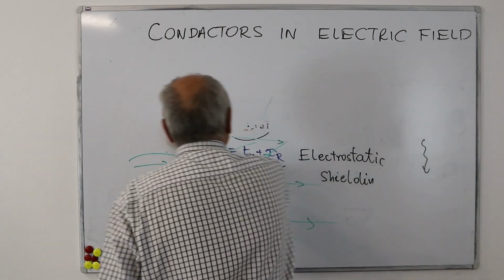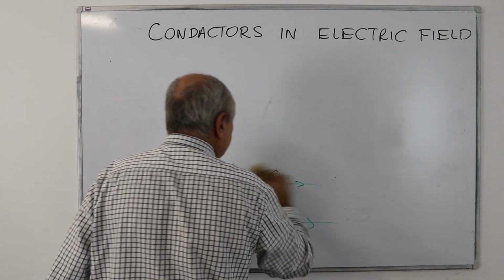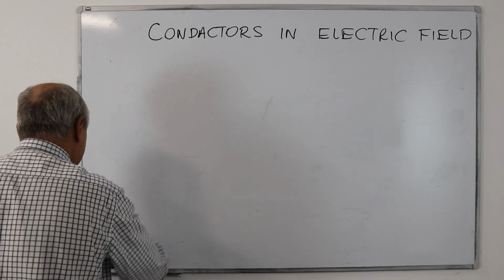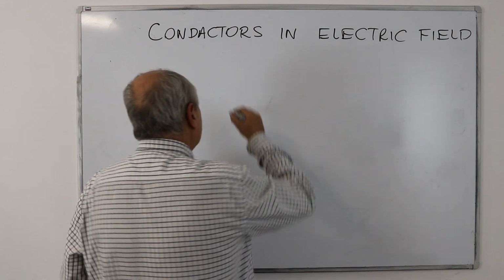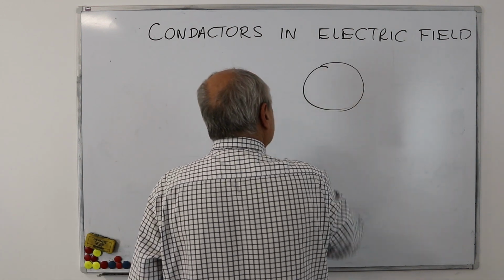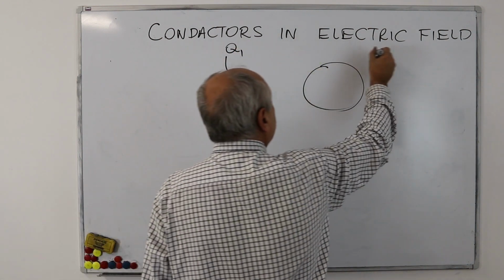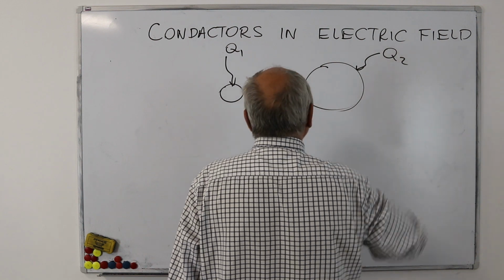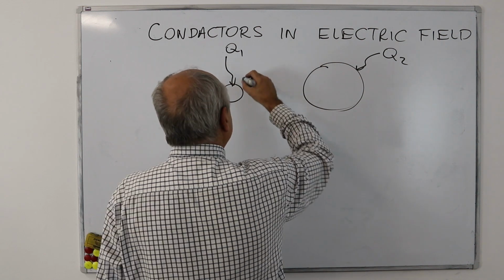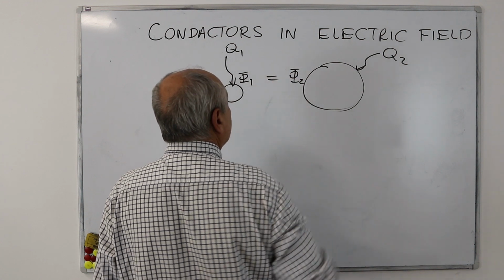We have two balls of conductor, one ball and a second one bigger. We charge them with charge Q1 and charge Q2, in such a way that potential Phi1 is equal to potential Phi2.